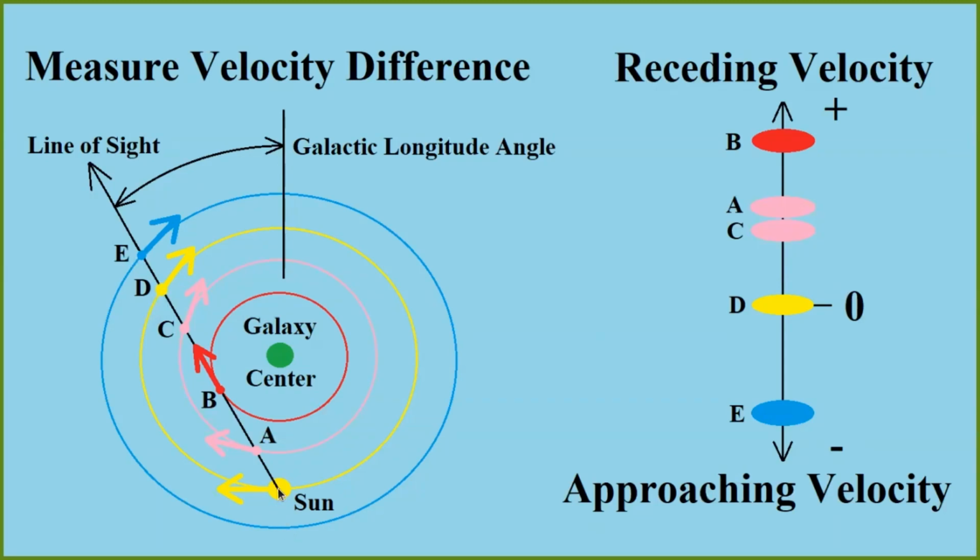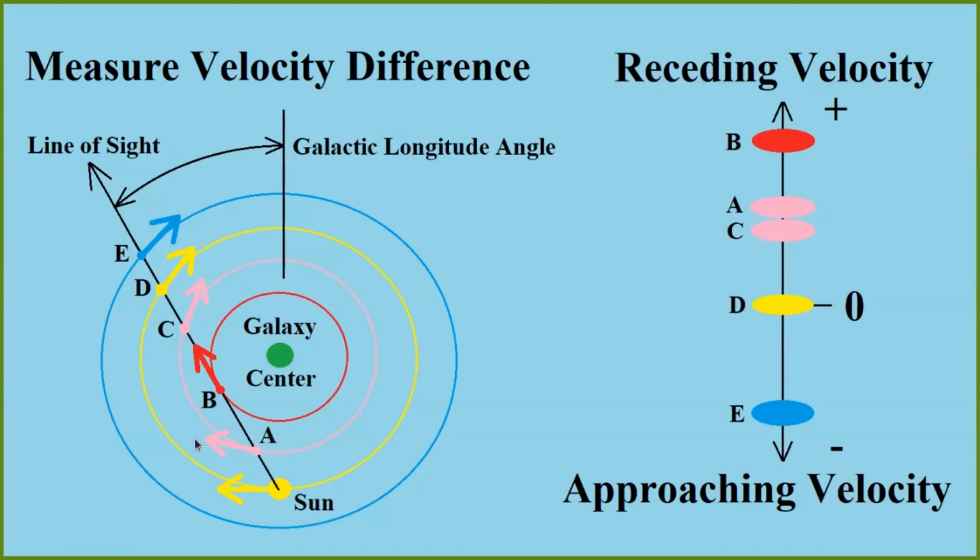So the difference in velocities along this line of sight, for the hydrogen gas emission minus the speed of the sun's traveling along this line of sight, should be zero. D should be a velocity of zero.